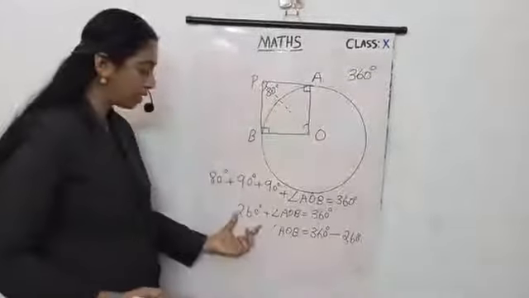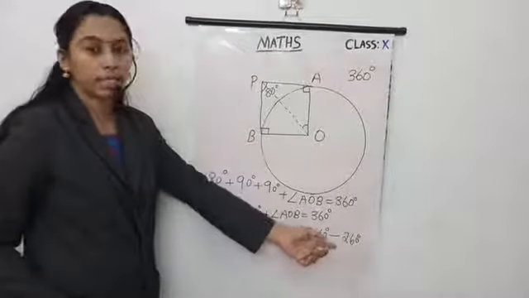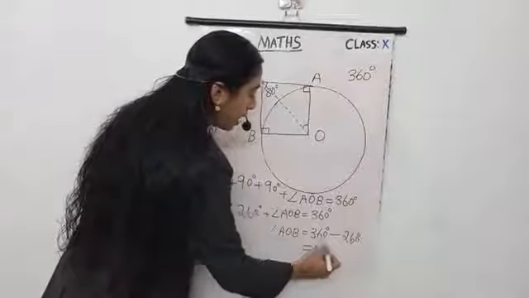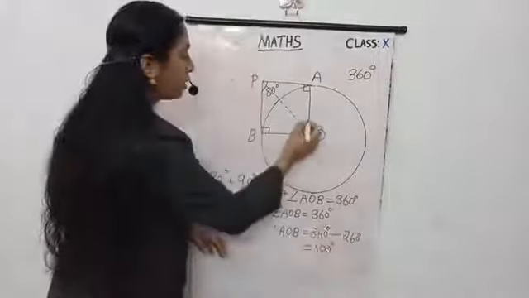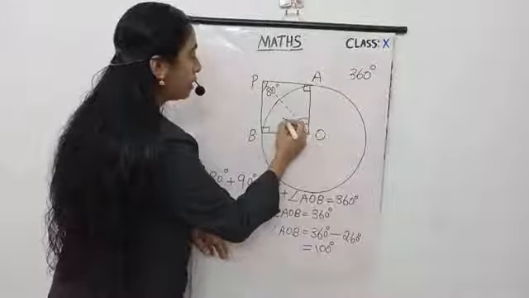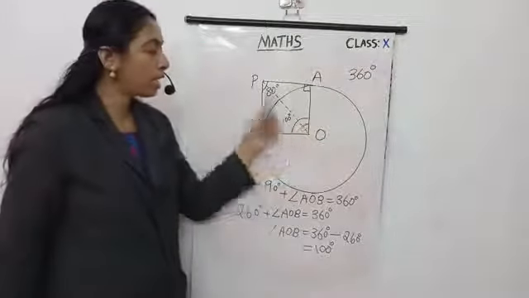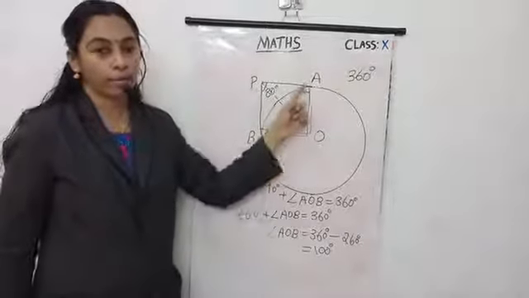That means we transpose the 260 to the right hand side, and after subtraction we get 100 degrees. That means this full angle is 100 degrees. We need to find this angle POA.